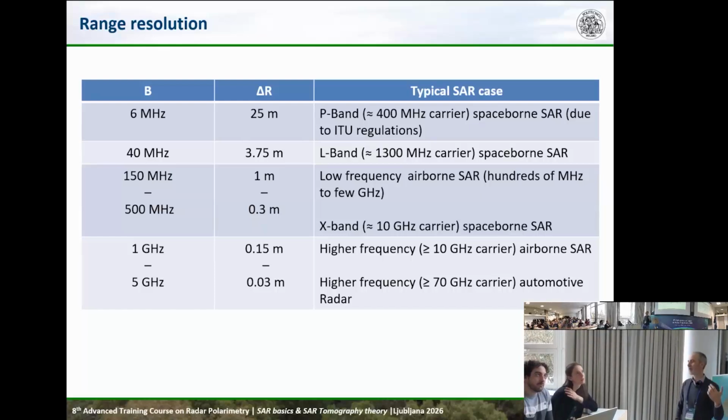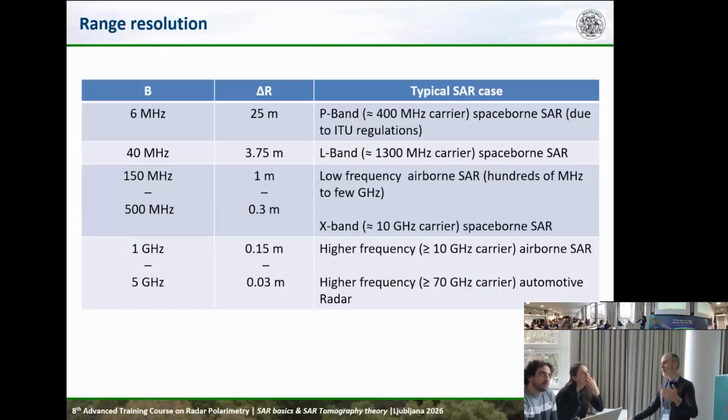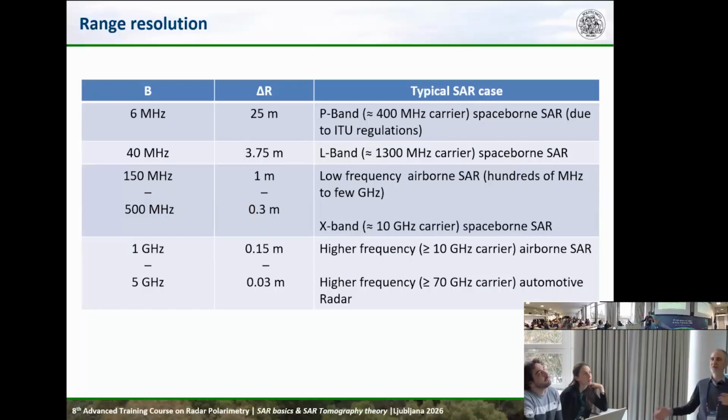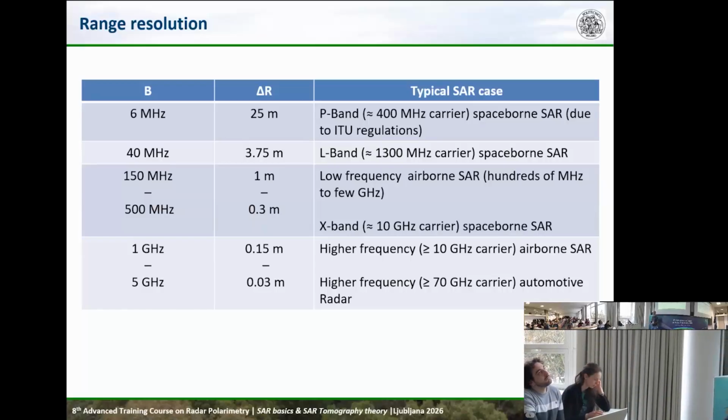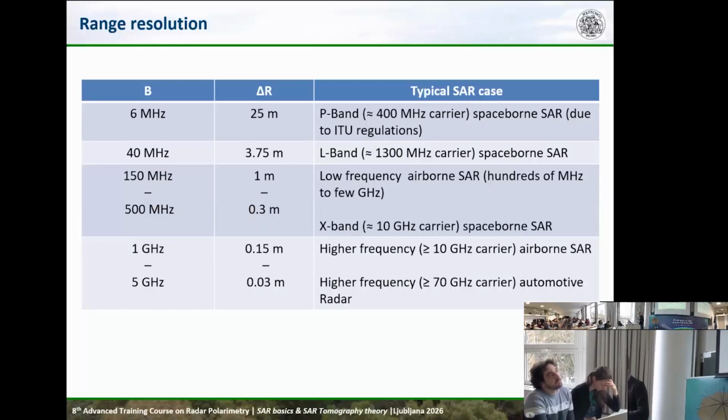So with 6 megahertz, we have a range resolution of 25 meters. If we consider an L-band SAR, let's say that the bandwidth can range on the order of 40 megahertz to even 100 megahertz, so a resolution on the order of meters.